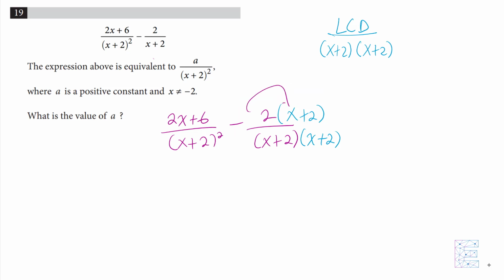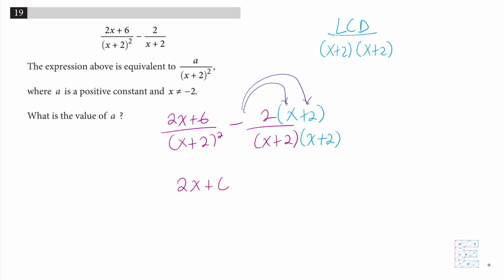Please be careful, because many a student forget that this negative goes with this 2 right here, and they just distribute a 2 and forget the negative. But we are not most students, so we'll just remember that this is a negative 2 times x and a negative 2 times 2.